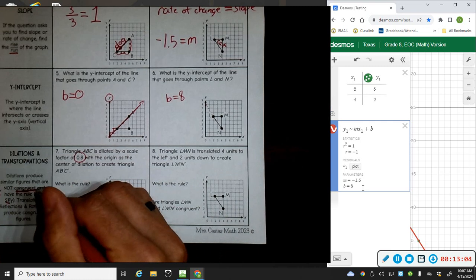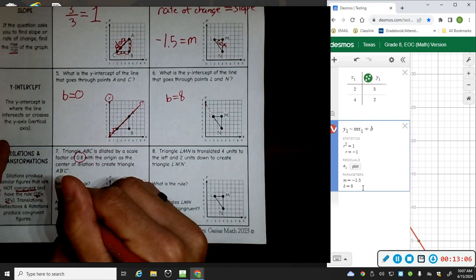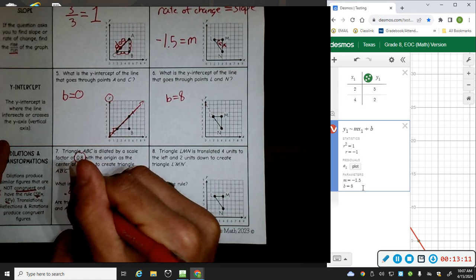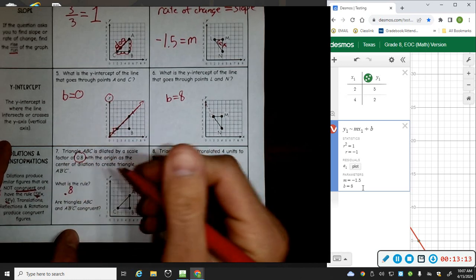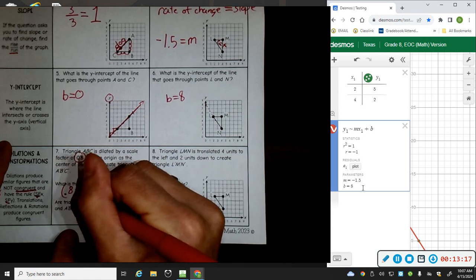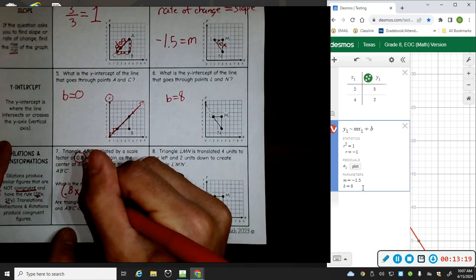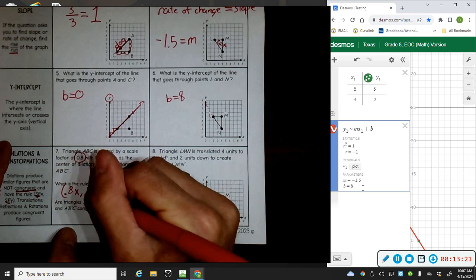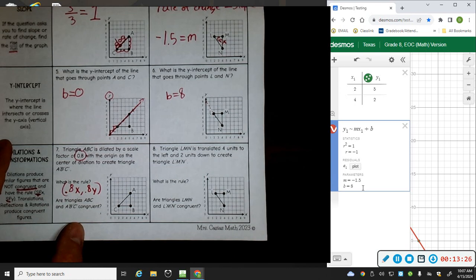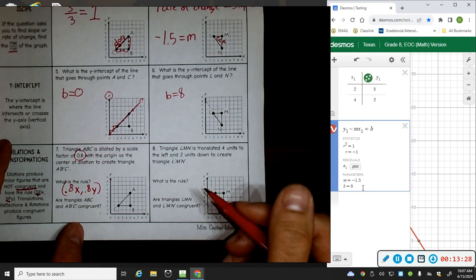The rule is the scale factor, 0.8, times our x values, and 0.8 times our y values. And that's for every single x value and every single y value.